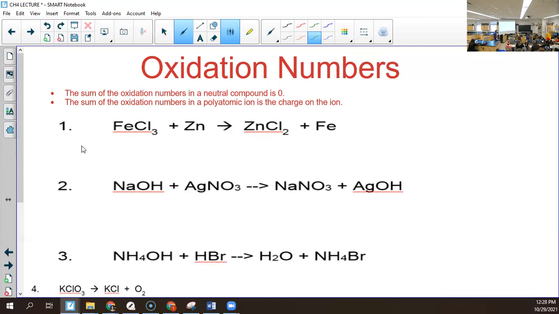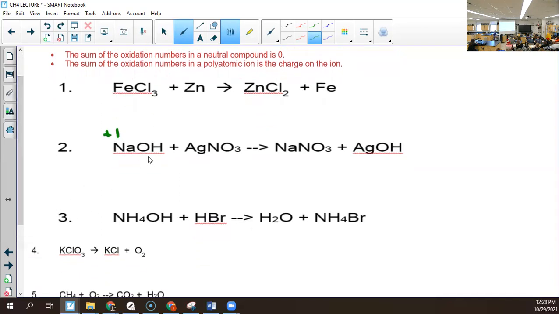So here we go. Sodium monatomic, I'm ready to roll, +1. Hydroxide, ooh. All right, we have oxygen. It's a -2. Always, unless it's with what? Nope. Nope. Peroxide, unless it's with itself. All right.